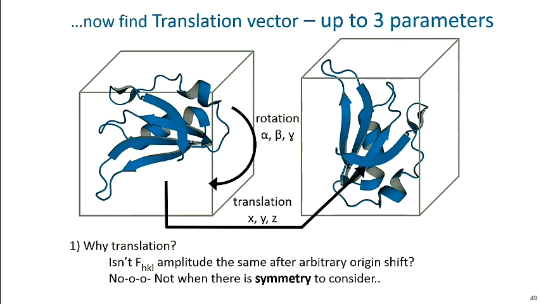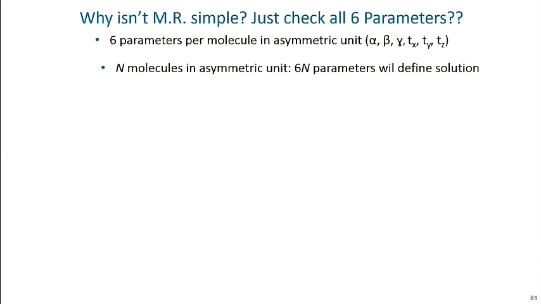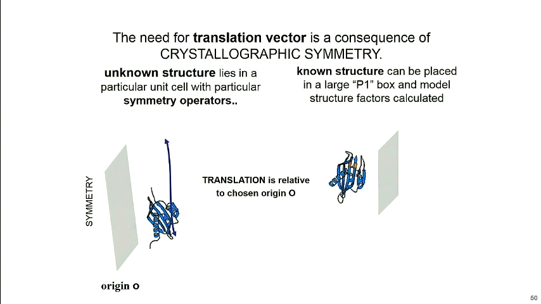In a P1 cell, we don't consider symmetry, but as soon as we consider symmetry operators and we want to fix the symmetry operator properly, the translation will be an important parameter in calculating it. So yes, that's the same thing again. We want to know where to translate it relative to a symmetry origin.